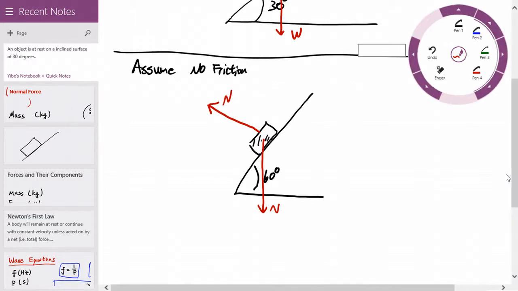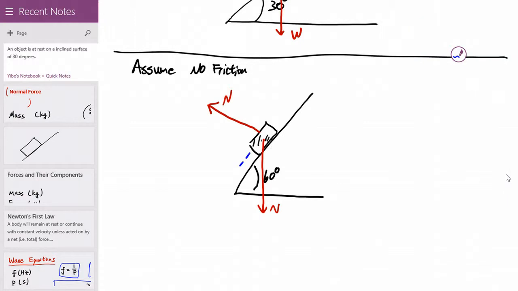What's going to happen is there will be a net force going down this way. The net force is basically the vector sum of all the other forces. So in this case, the block would not be at rest because there's no friction.